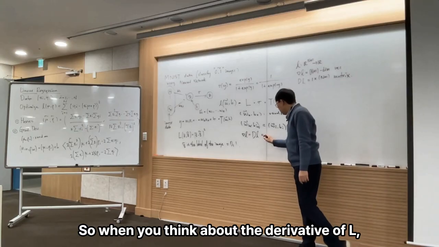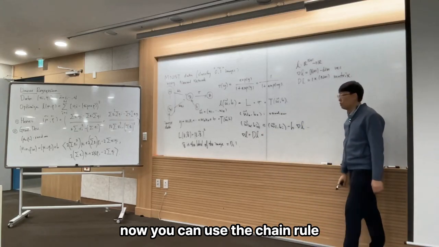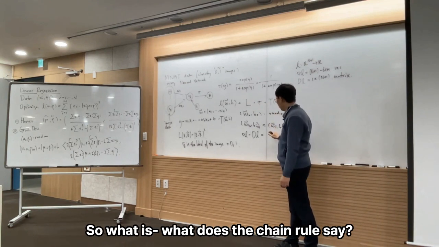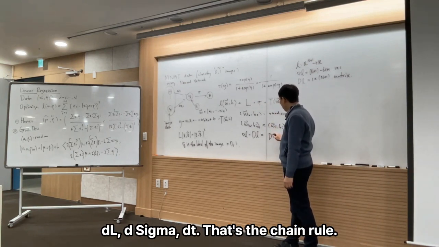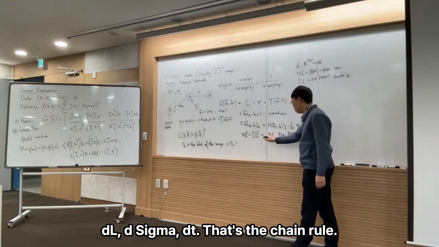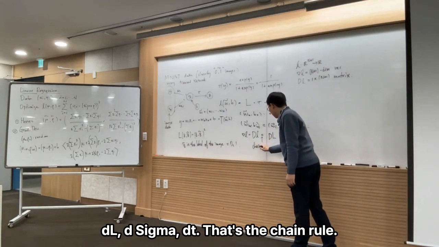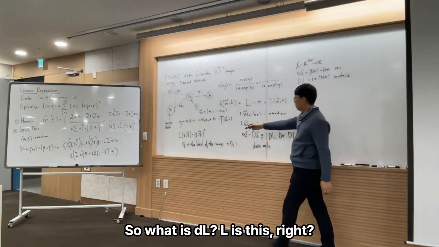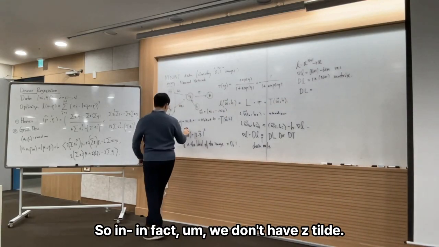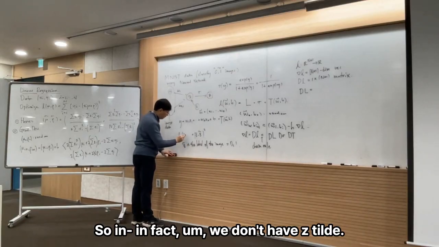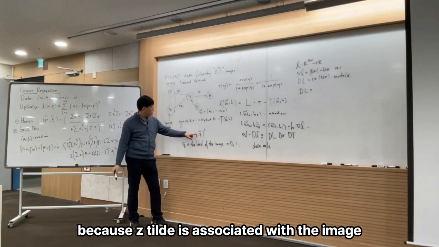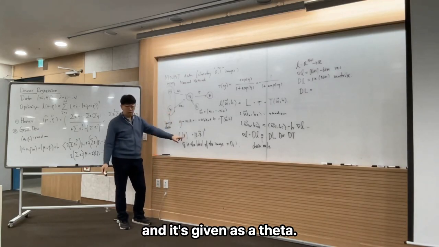When you think about the derivative of L, you can use the chain rule, because L is really the composite of three functions. So what does the chain rule say? dL/dσ times dσ/dT times dT. That's the chain rule. So what is dL? L is this, right? In fact, we don't have z tilde, so it's just a function of z, because z tilde is associated with the image and is given as data.